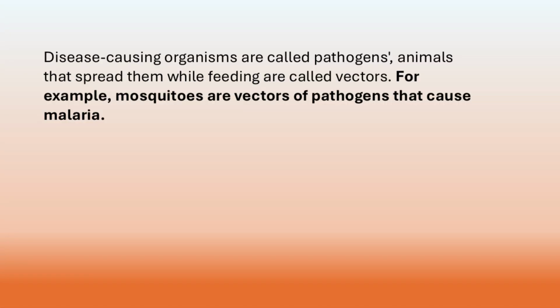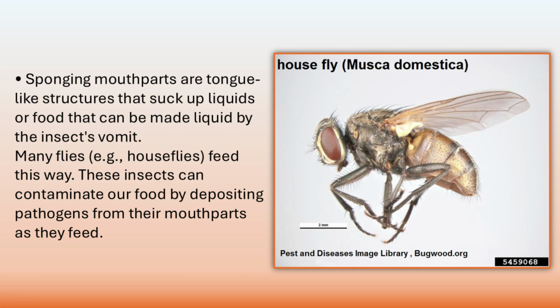Disease-causing organisms are called pathogens. Animals that spread them while feeding are called vectors. For example, mosquitoes are vectors of pathogens that cause malaria. Sponging mouthparts are tongue-like structures that suck up liquids or food that can be made liquid by the insect's vomit.